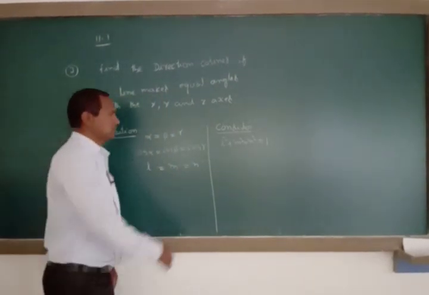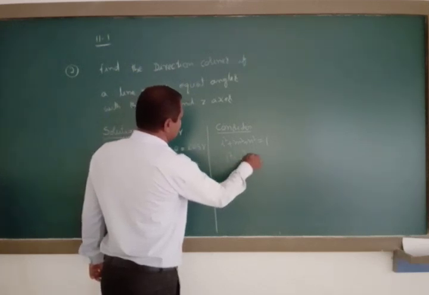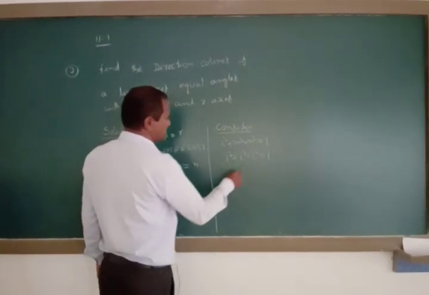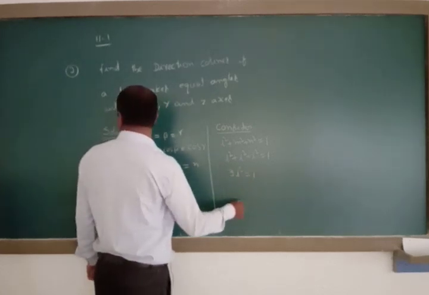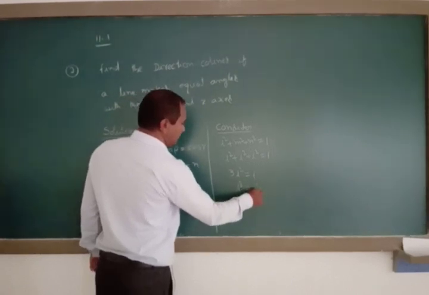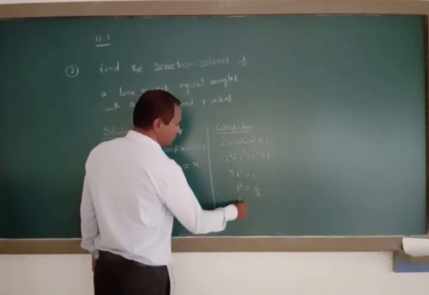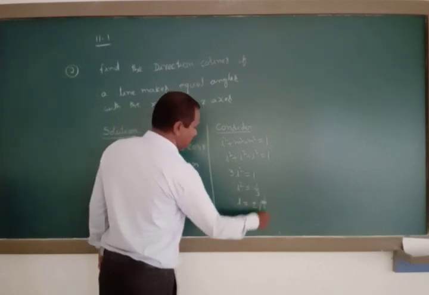That is l square plus l square plus l square is equal to 1, 3 l square is equal to 1, l square is equal to 1 by 3, l is equal to plus or minus 1 by root 3.